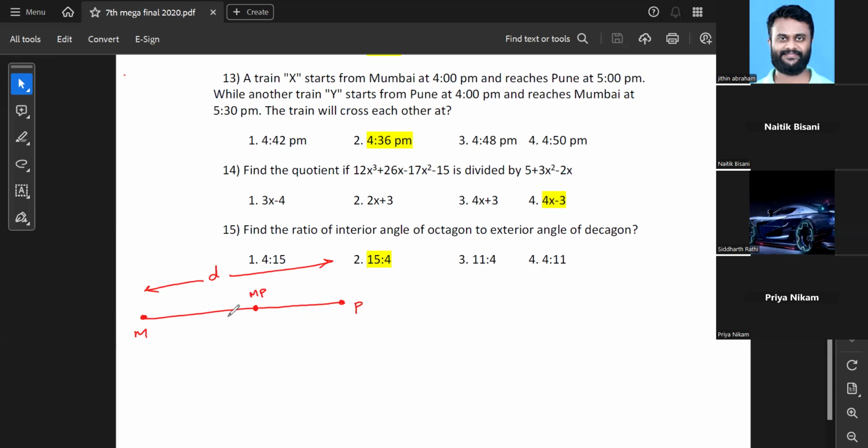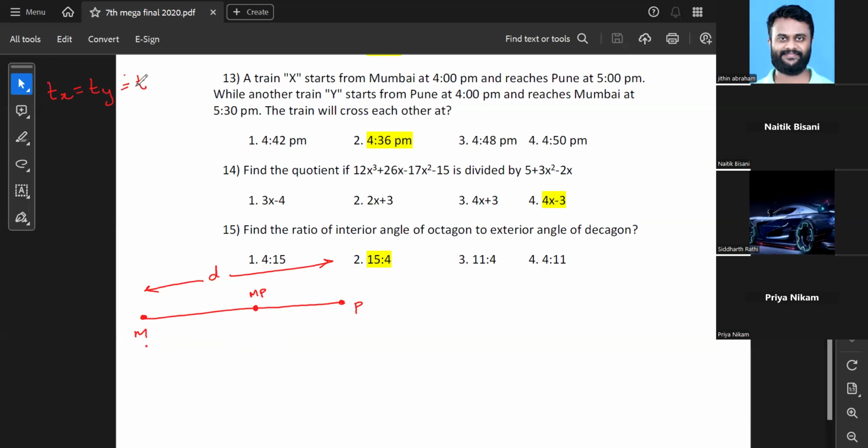Yes, sir. Great. Now, one train has started from Mumbai to Pune and the other train has started from Pune to Mumbai. They are both going to meet at the meeting point. Now, the time taken by both the trains is going to be the same. So, the time taken by the X train and the time taken by the Y train will both be the same.